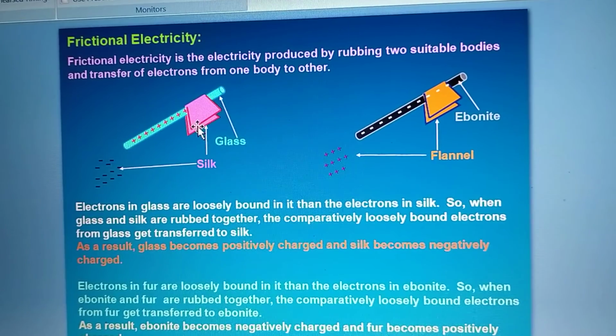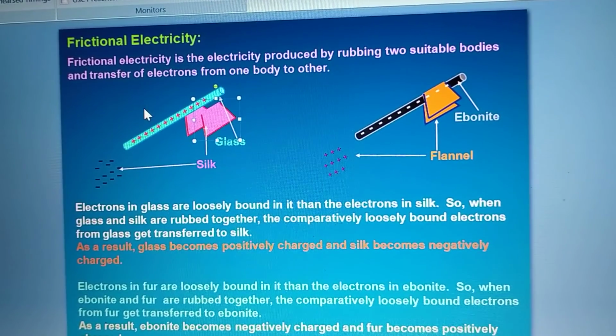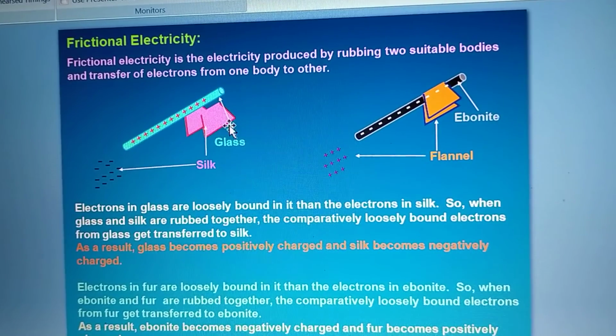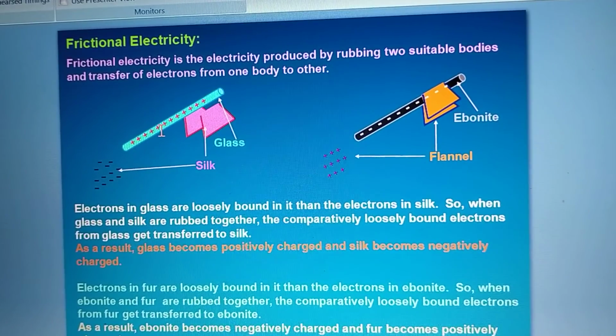As you can see on the screen, when we rub the glass rod with the silk, the silk will get negative charge because of electrons.